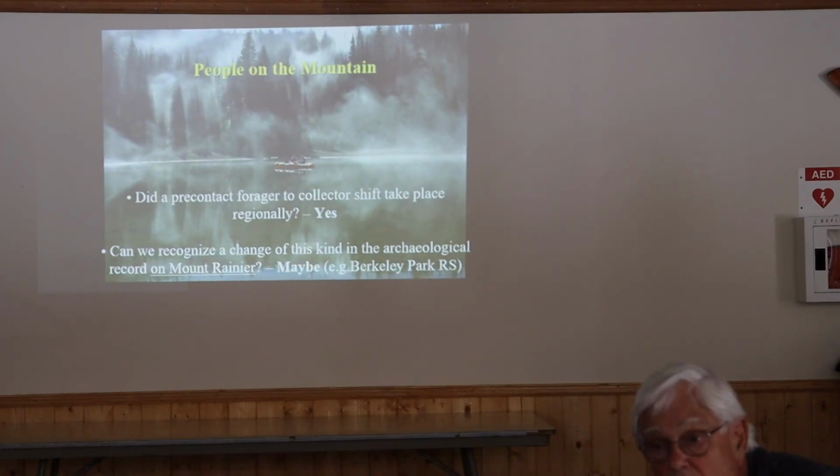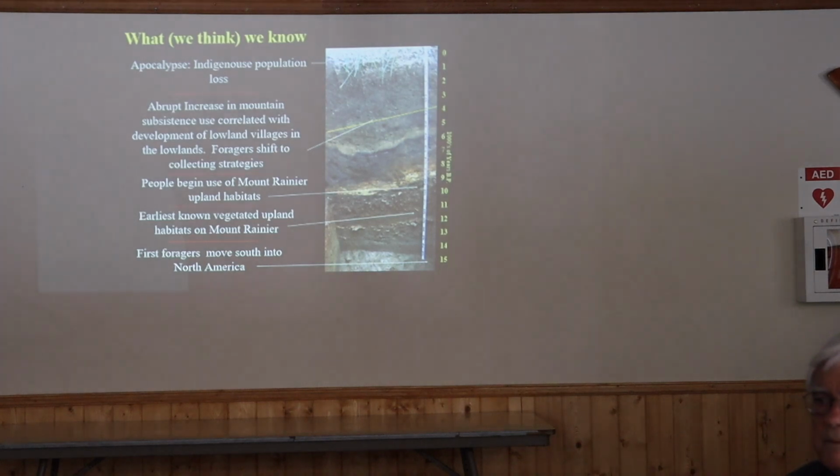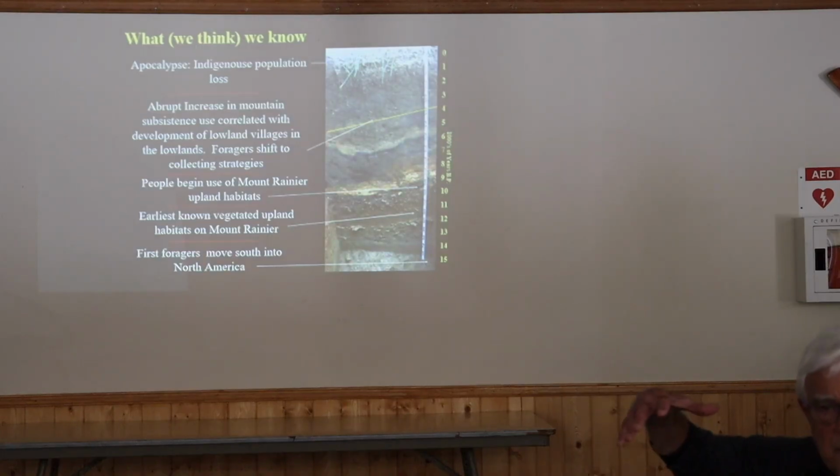So the evidence at the other volcanoes compared to Rainier, is there a difference in behavior based on the elevation? I have a lot of experience on Mount Hood, less on Mount St. Helens. Mount Hood is a peaky mountain, not a broad one like Mount Rainier.